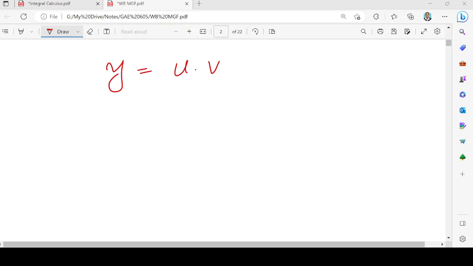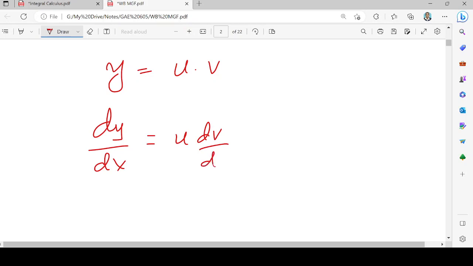If u and v are functions of x, then we can differentiate this using the product rule of differentiation as follows. So note that if our function is defined as y equals u times v, then the derivative dy by dx is expressed as u dv by dx plus v du by dx.